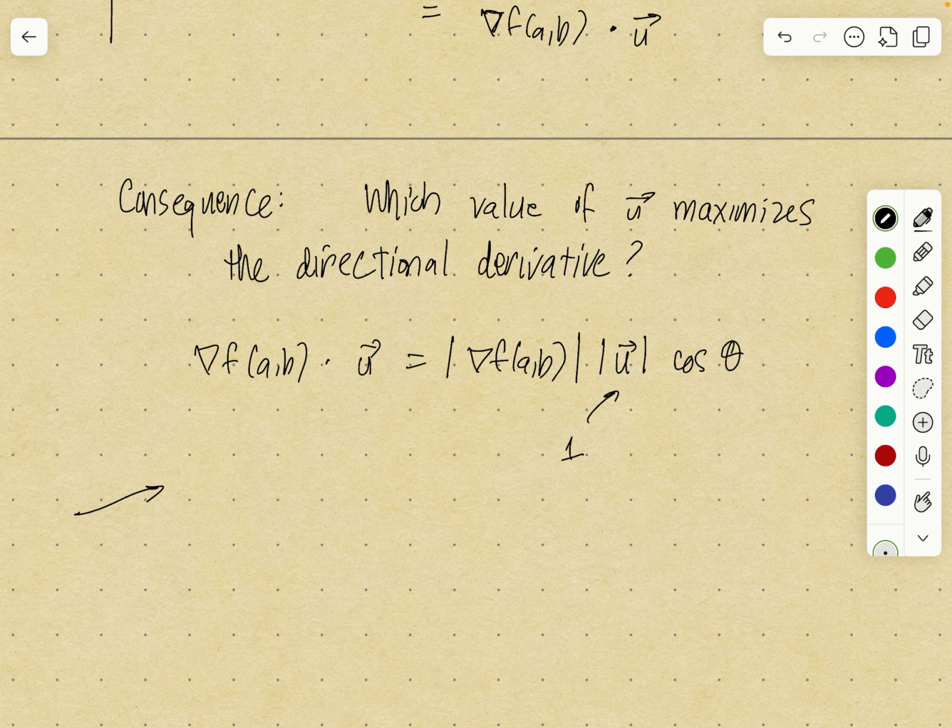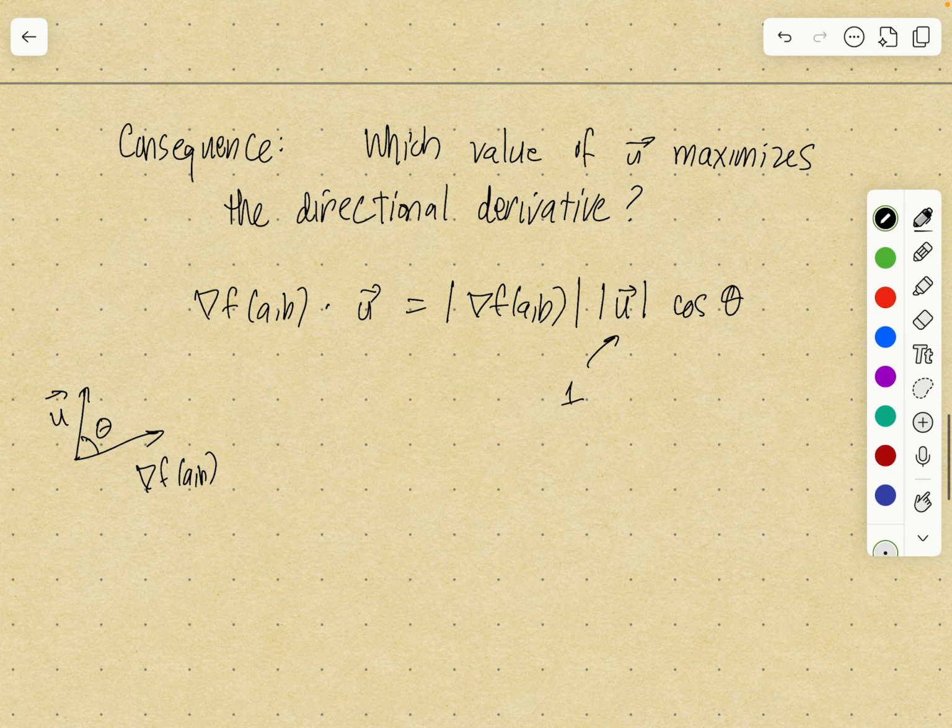So you have the gradient of f at (a, b) as one vector, and then u is some other vector, and theta is the angle between them. So all you can change is theta, because you can't change a, b and f. You're given a, b and f. The question is, which theta should you pick? Well, remember that cosine of theta is always between -1 and 1.